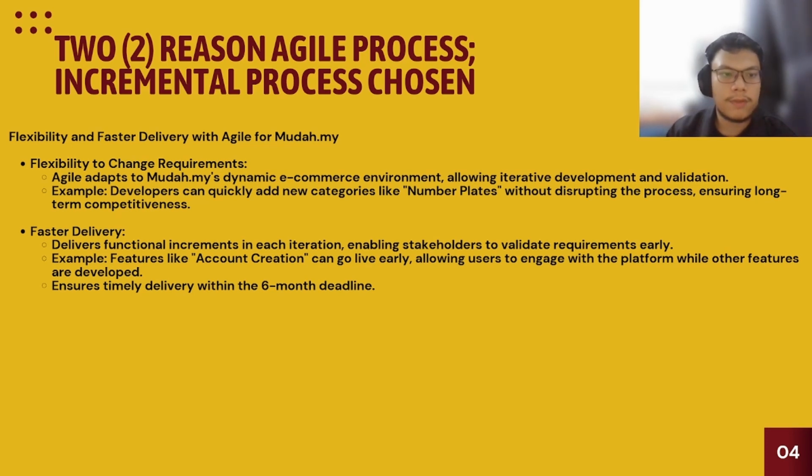Second is faster delivery. It delivers a functional increment in each iteration, enabling stakeholders to validate requirements early. For example, a feature like account creation can go live early, allowing users to engage with the platform while other features are developed, to ensure timely delivery within the 6 month deadline.